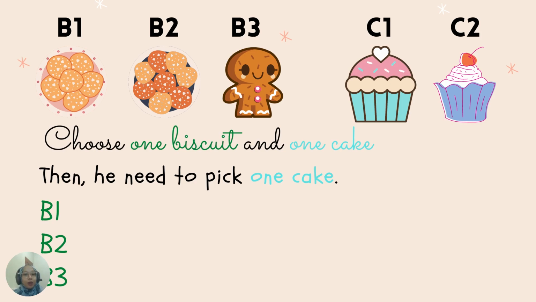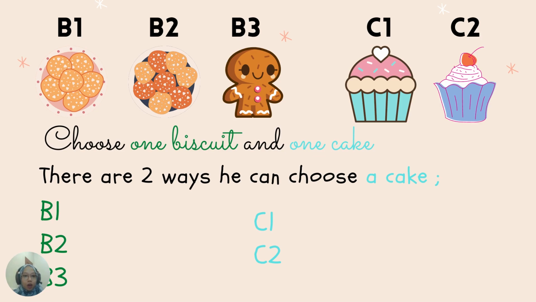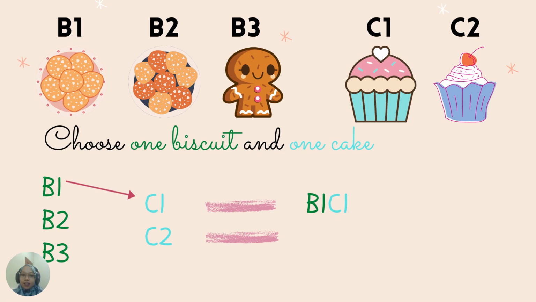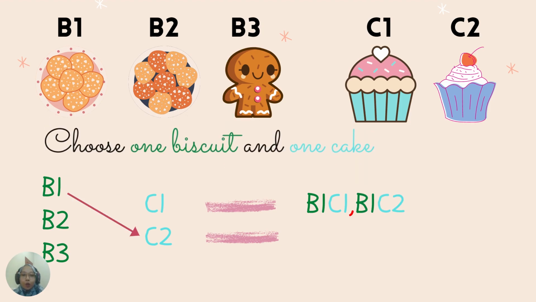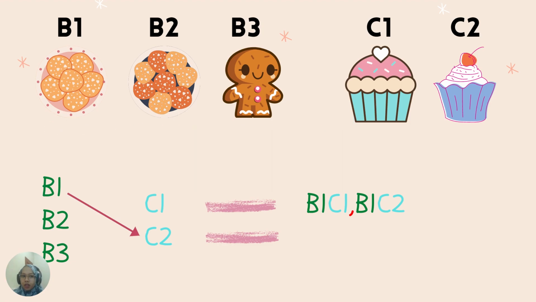Next, after choosing a biscuit, he needs to pick a cake. There are 2 ways for him to pick a cake, either C1 or C2. Maybe after he chooses B1, he will choose C1, or after B1, C2.